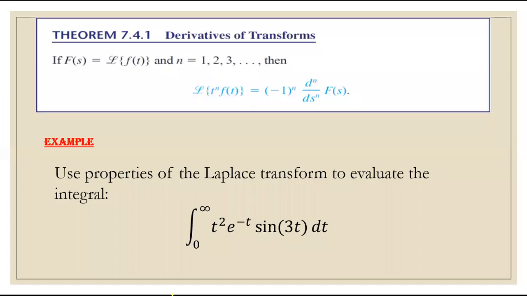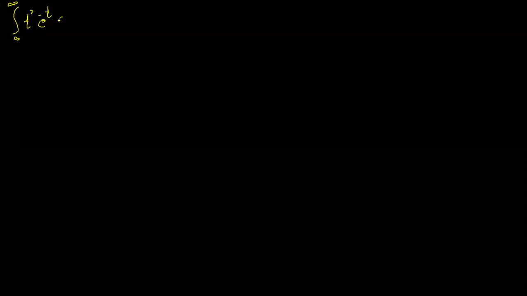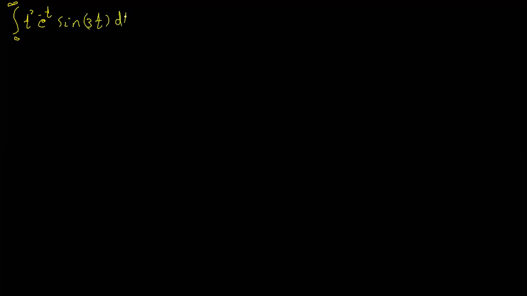So let me write it: you need to find the integral from 0 to infinity of t squared e to the negative t sine 3t dt.